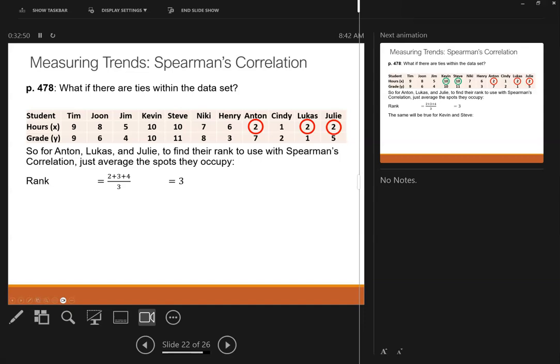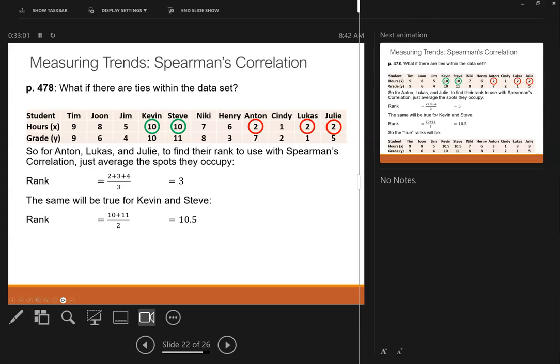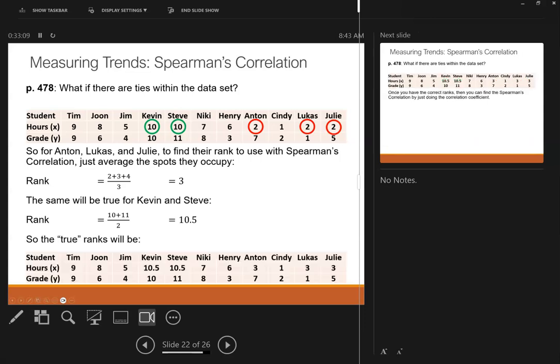We have to average those 3 numbers, and we should be using 3. The same thing is true out here for the last 2 values. Those are occupying places 10 and 11. So the rank number we have to use is actually the average of 10 and 11. So this is actually what we're going to put in the calculator now.